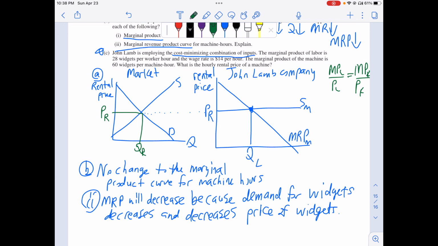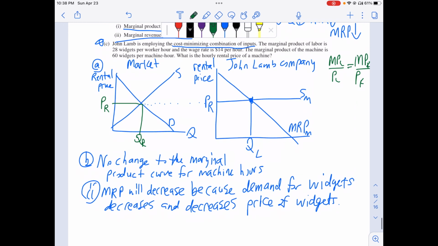Okay? So they gave us everything that we needed. So for part C, they gave us the marginal product of labor, which is 28, and the price of labor, which is 14. They also gave us the marginal product of machines, which is 60, and they did not give us the rental hours.